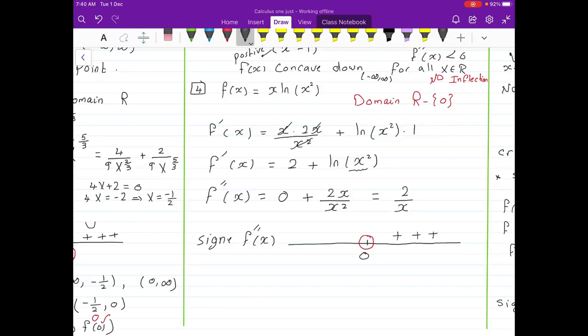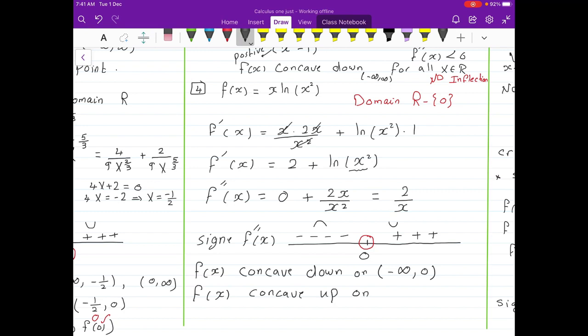And if we choose a number less than 0 like -1, the sign is negative. So we can say f of x is concave down on the interval (-infinity, 0) and concave up on the interval (0, infinity).